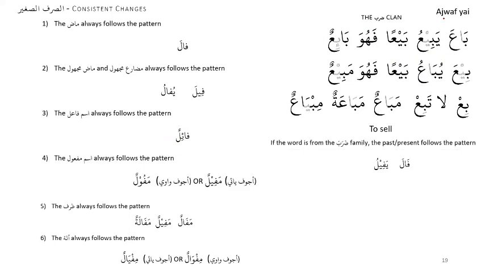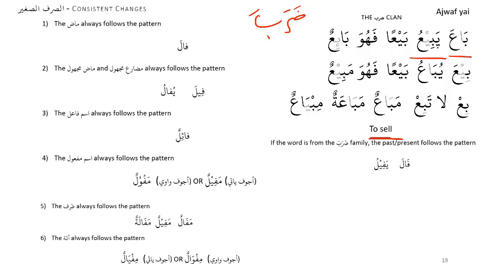Okay, and then ba'a. Ba'a yabi'u means to sell. Like buy, it means to sell or sale. So ba'a yabi'u, this is in the bab daraba. So what's the mudari' for daraba? Yadribu.